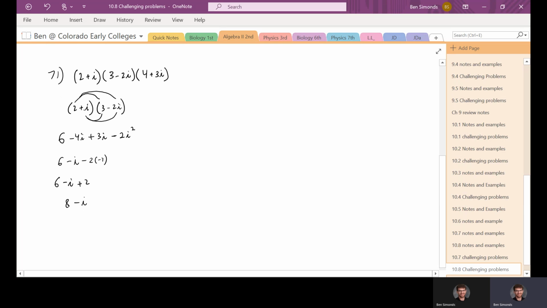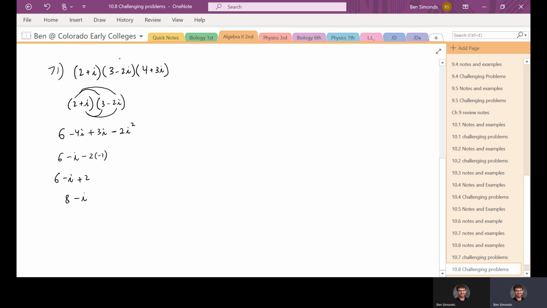But we're careful, we're not done yet, right? That was just these first two sections. So we still have to take that and multiply it by the remaining. So we still have to take that 8 minus i that we just got and multiply that by 4 plus 3i.